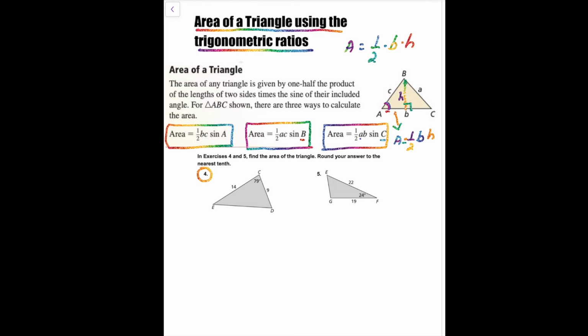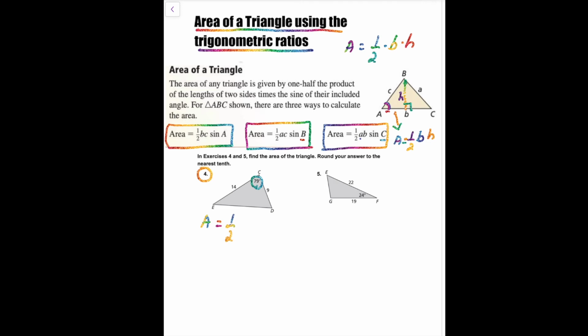So look at this problem, number 4. On number 4, they asked you to find the area of a triangle. Round your answer to the nearest tenth. First you need to look at the angle they give you. They gave you angle 79, so they gave you angle C actually.